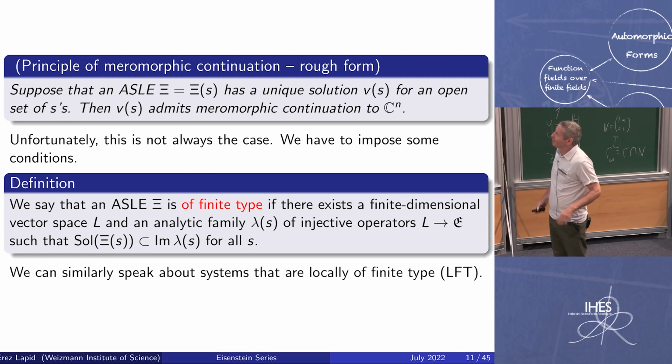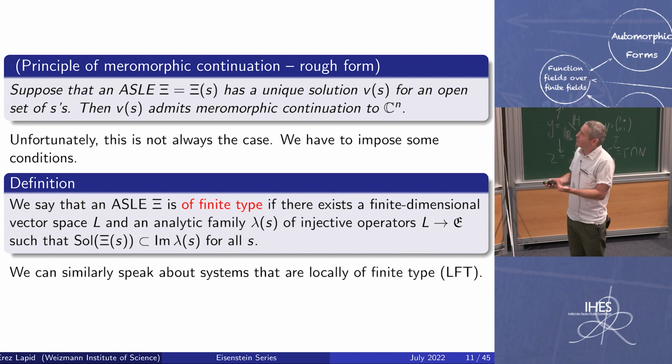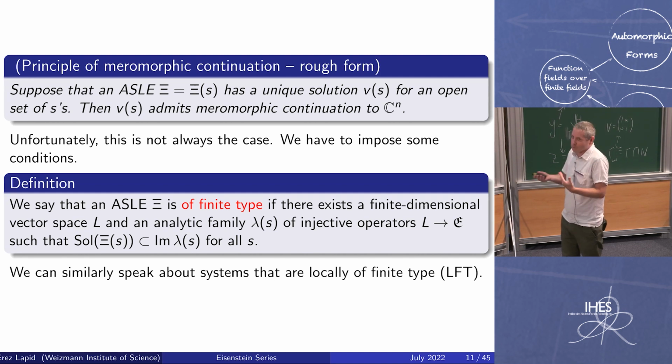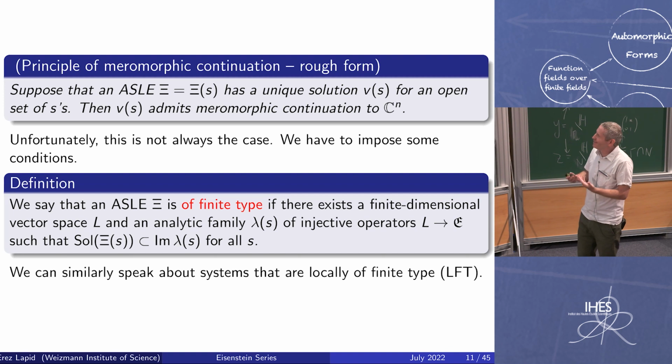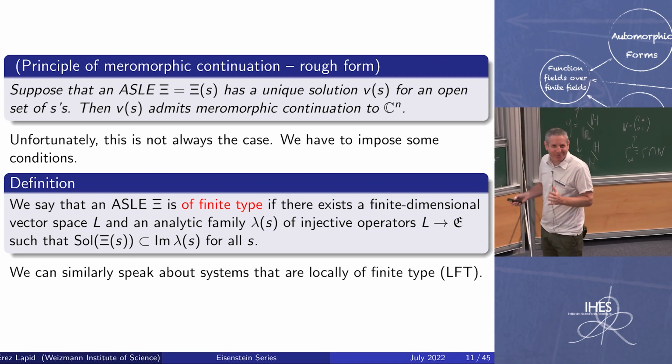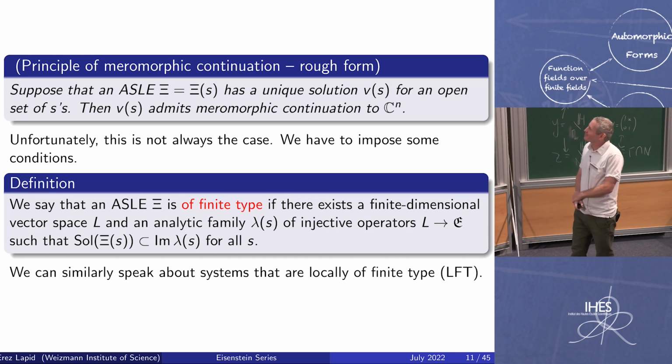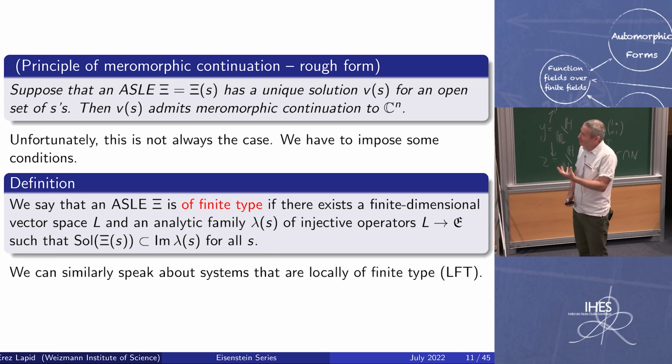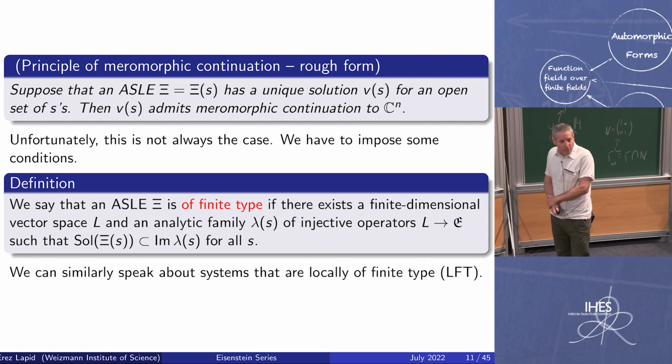That's the principle. So principles are not theorems. Principles, they are better because you don't need to prove them, but they're worse because they are not always true. So to make it true, you need to put some conditions.